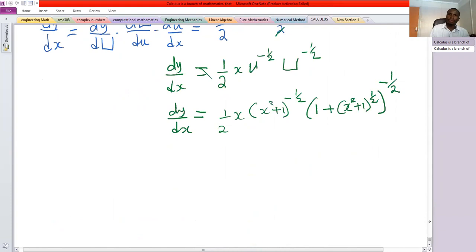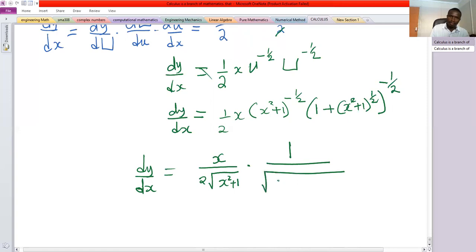So with this, we can write dy dx equals a half. Actually, this is the same as x over 2 square root of x squared plus 1, times 1 over the square root of 1 plus square root of x squared plus 1.